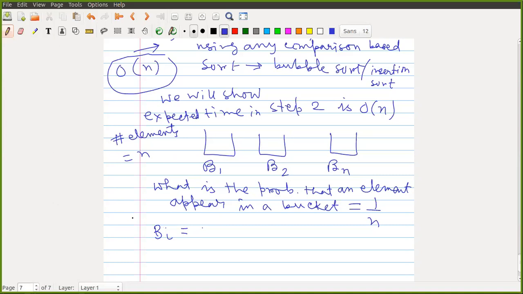So the experiment is like this. It's a random experiment: an element is put into bucket bi, and what is the probability of that?